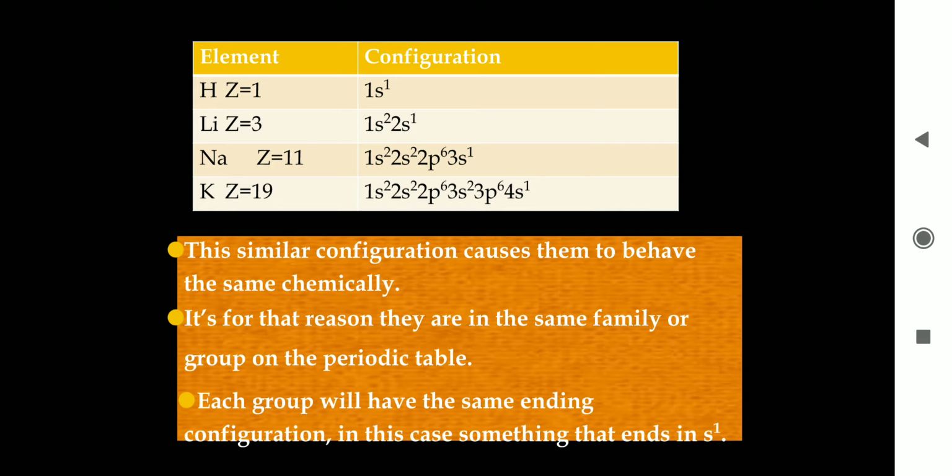In this case, something that ends in s1. The first A group elements' configuration ends with s1. Second A group elements' configuration ends with s2. Third A group elements' configuration ends with p1. Like that.